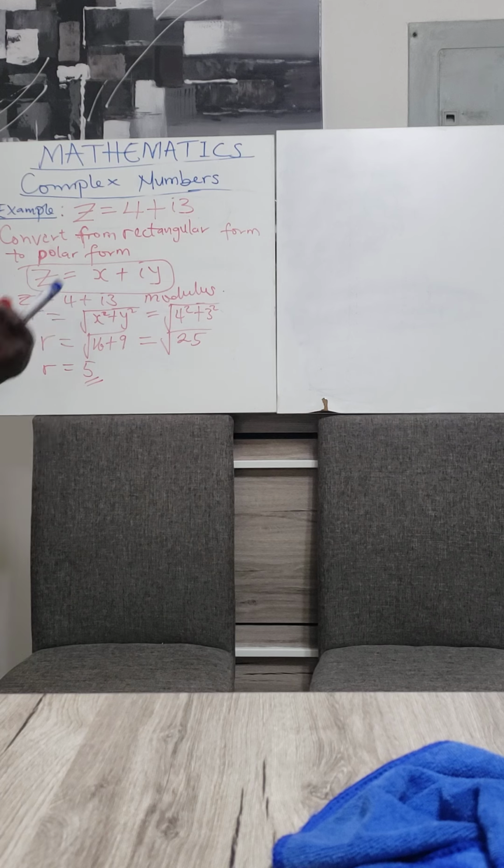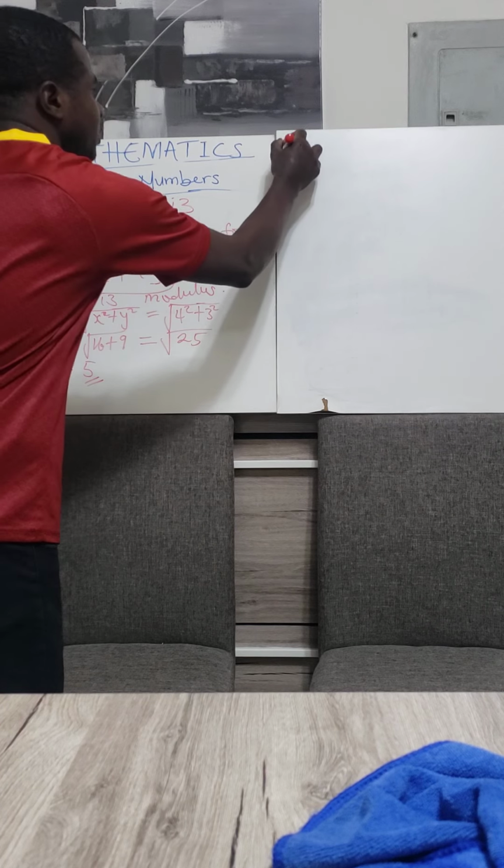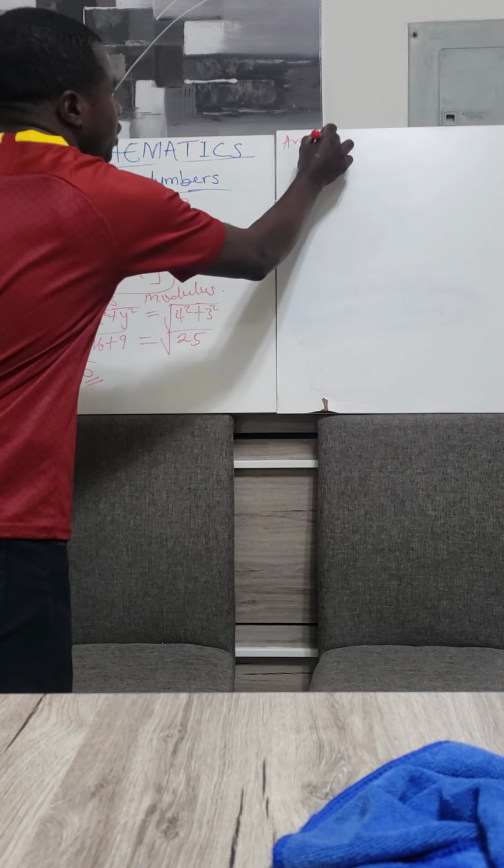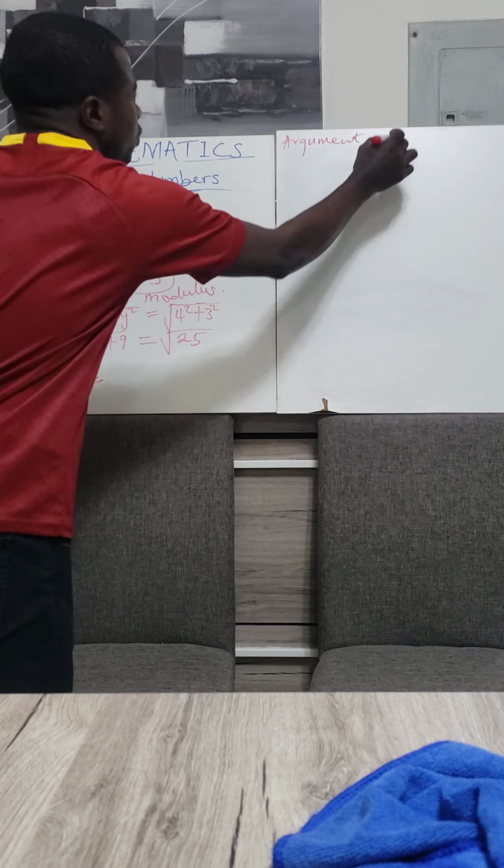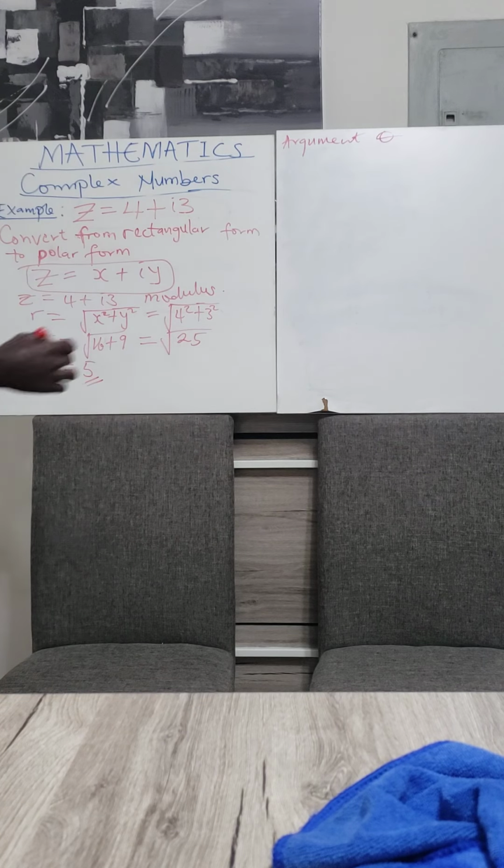Anytime you are converting from rectangular form of a complex number to polar form, two major things have to be done. The first thing is to find the modulus of that complex number. The second thing is to find the argument, which is angle theta.